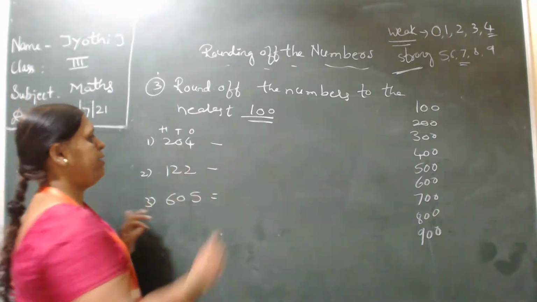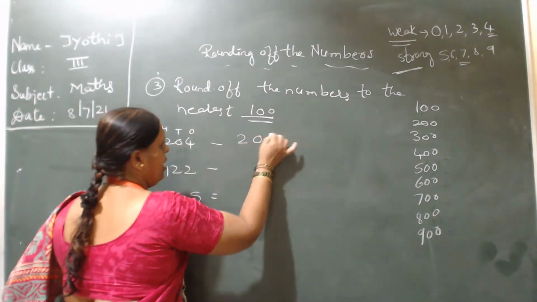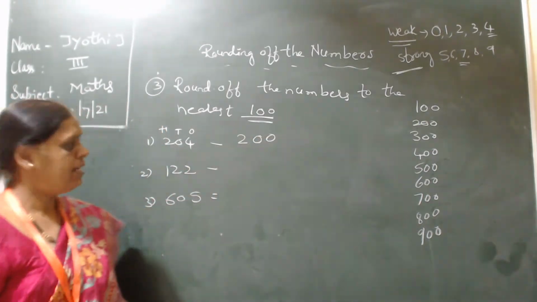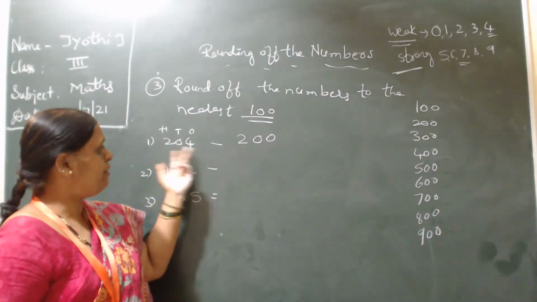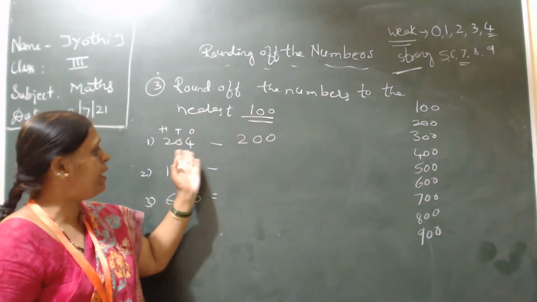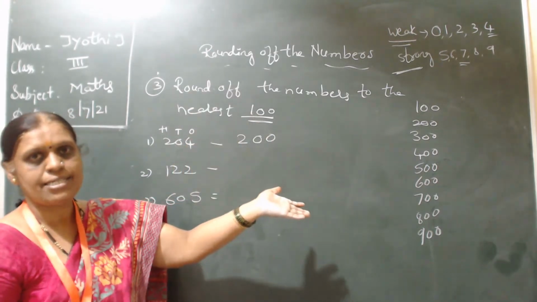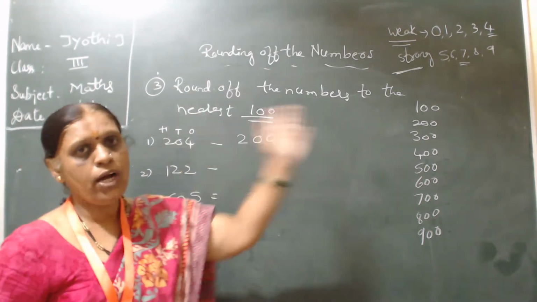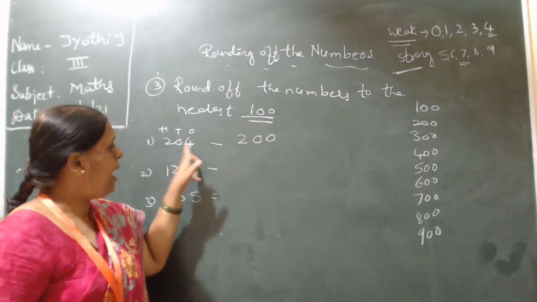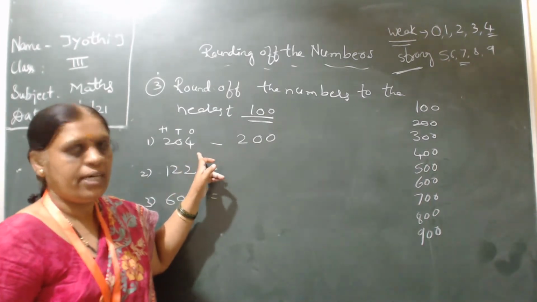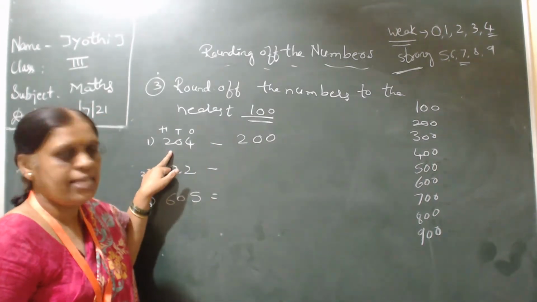So 204 remains as 200. Understand? It is nearest to 200 because the difference is too much. From 200 to 300, it has a long distance to reach the 300. So what should we do? As it is a small number, it will remain the same.